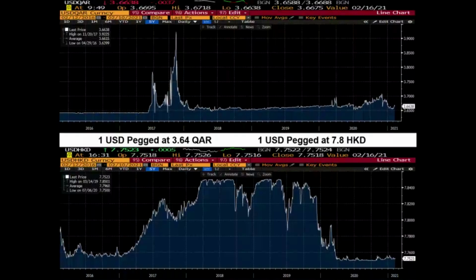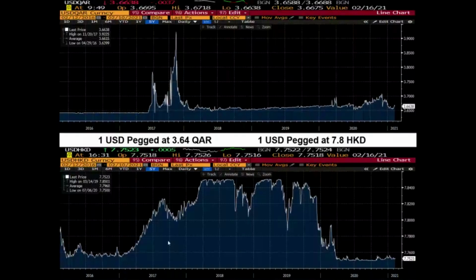Following this, you can see the peg was quite accurate, but you can still see quite a bit of movement, and certainly during the COVID period, we can still see a bit of further movement. But ultimately, it's still quite stable looking at the axis.